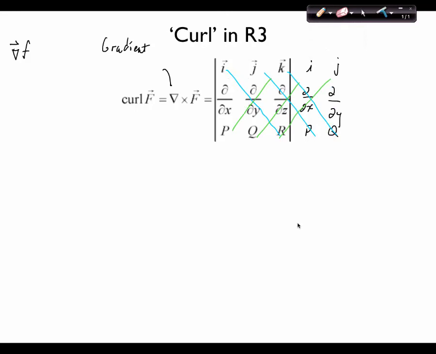And then when we went down to the right on those 3, we added all those, and then we subtracted all the ones coming back to the left. So what will it be? So we have the partial of R with respect to y, minus Q with respect to z. Is that the one we just found?